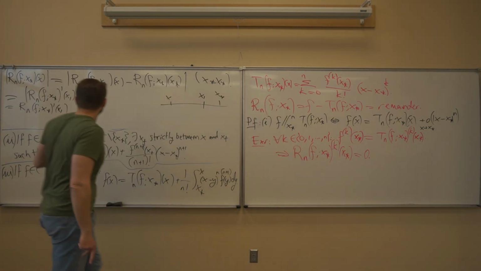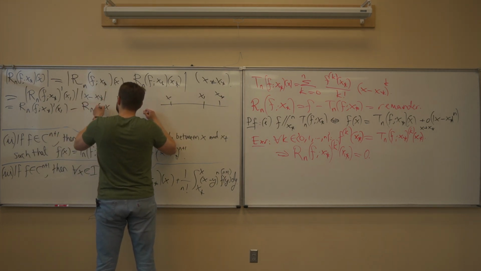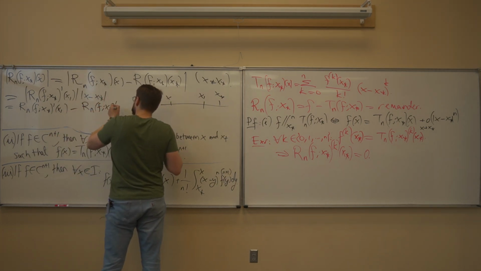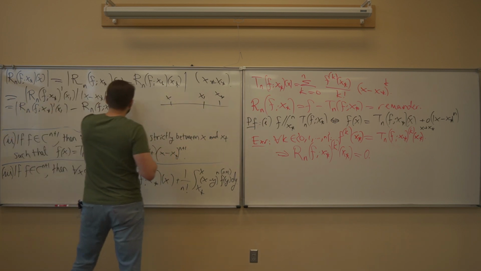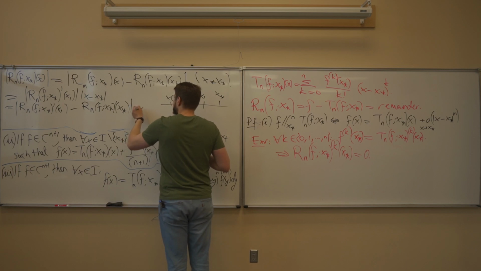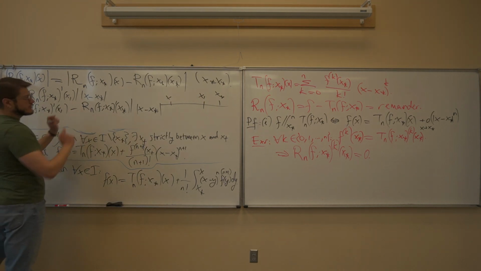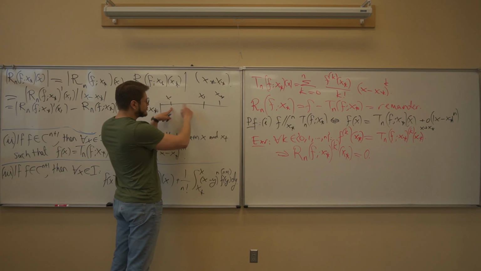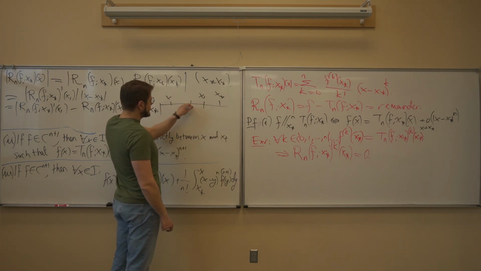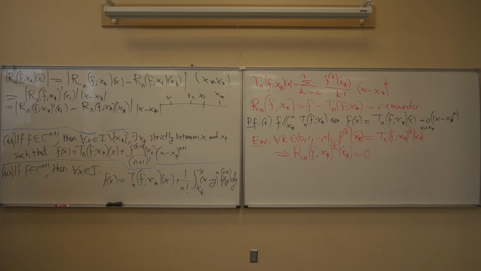So I can just subtract from this expression, differentiated, evaluated at x star in absolute value, times, I shouldn't forget this part. So the first derivative of this remainder is itself a differentiable function, and I'm looking at its values at this point and this point. Again, by the mean value theorem, there's some other point strictly between these two, such that I can again peel off one more derivative.